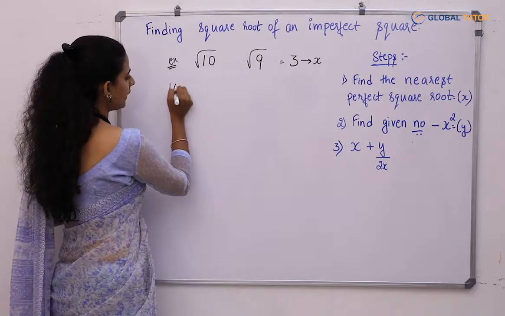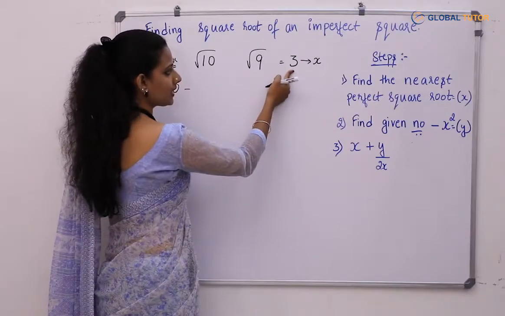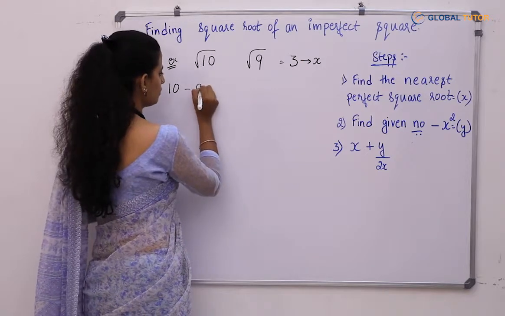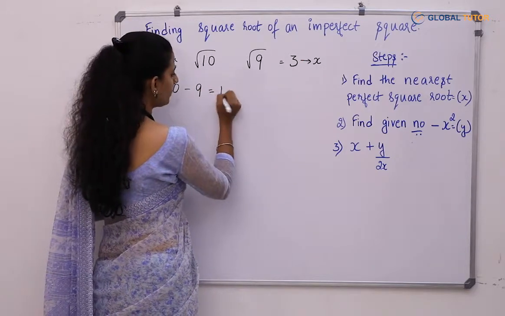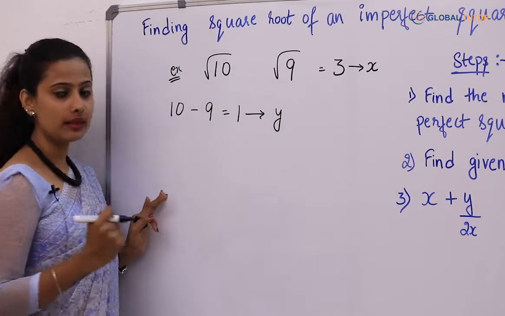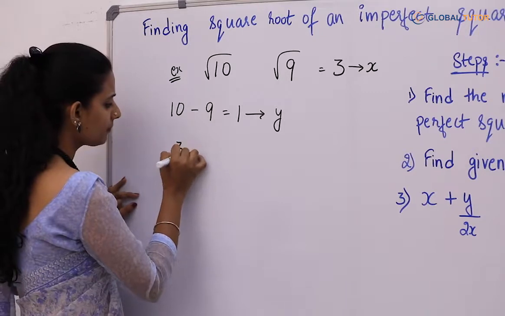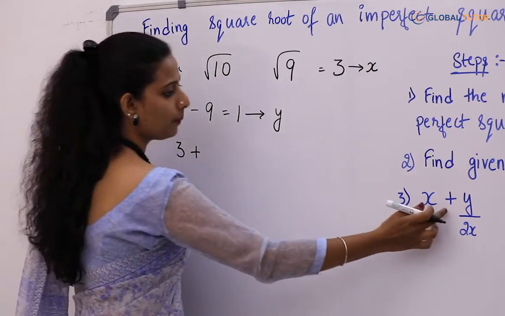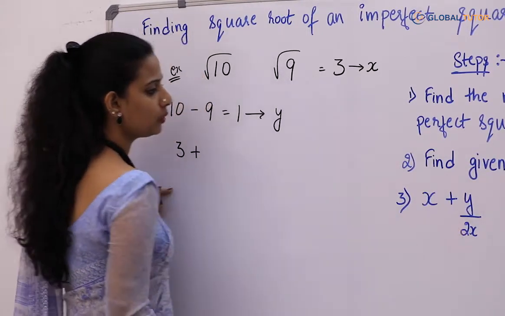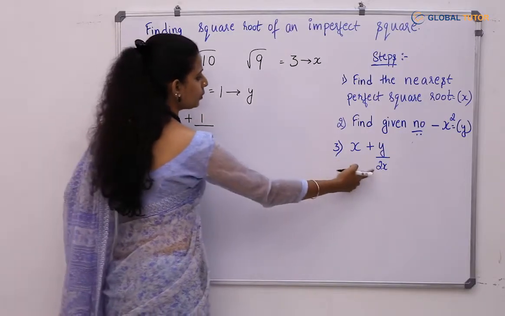Now, we have 10, then x square, x is 3, x square will be 9. So, you write 10 minus 9, which will be 1, and we call this y. Now, in the last step, you write x, which is 3, and then plus y by 2x. Y is 1 divided by 2x.